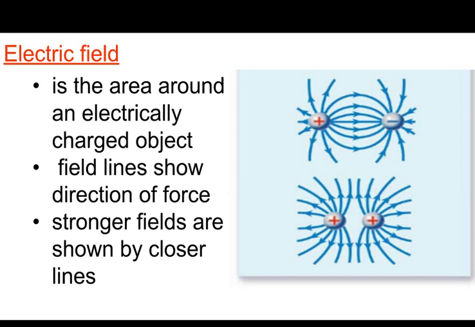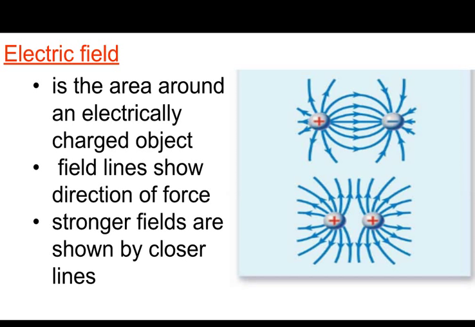In diagrams, you can't look at your phone and see where that electric force field is around it, right? You can't see that force field, but it's there. The way we do things in science, the way they test us, or the way we look at things when we're learning, is diagrams. And they draw these force field lines. They show the direction of the force. You can see the positive ends have the pushing force.